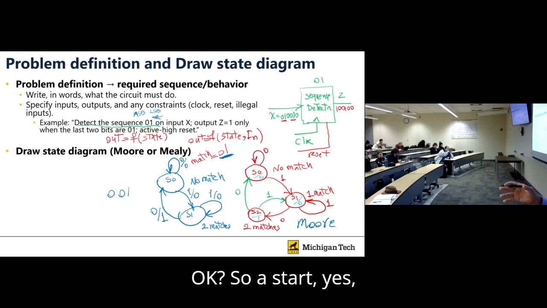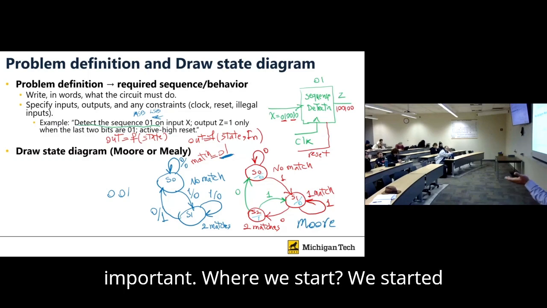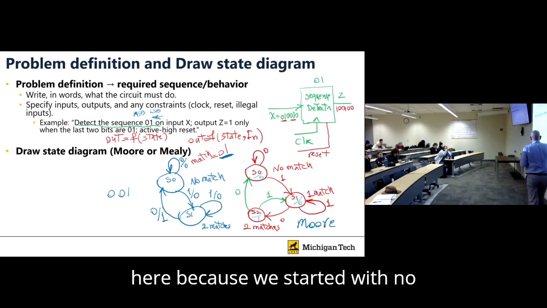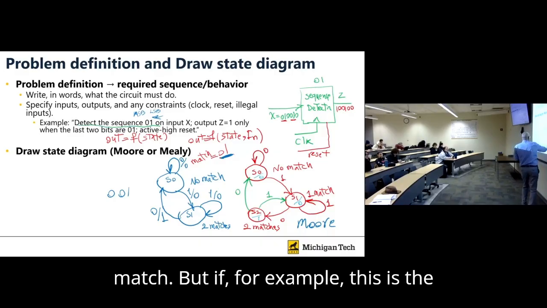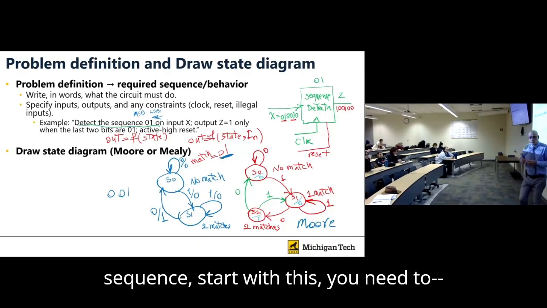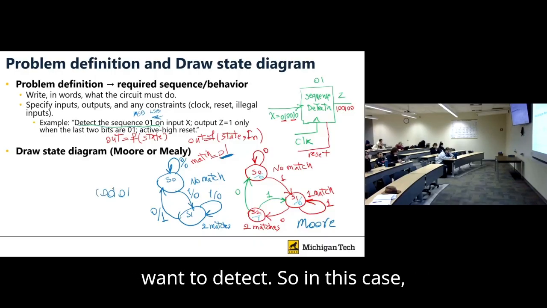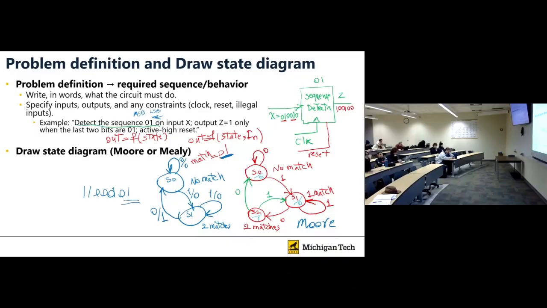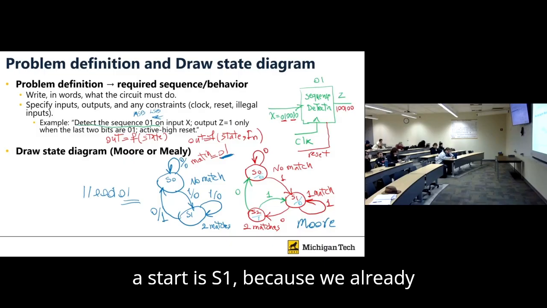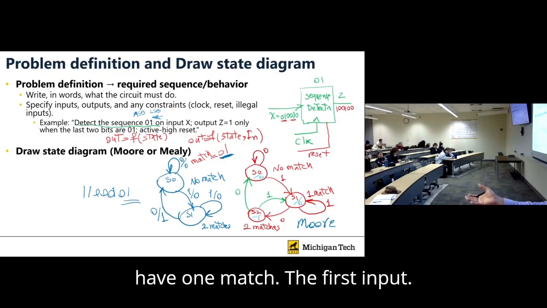Okay, so a start, yes, important. Where we start? We started here because we started with no match. But if, for example, this is the sequence you want to detect, in this case, a start is S1, meaning we already have one match.